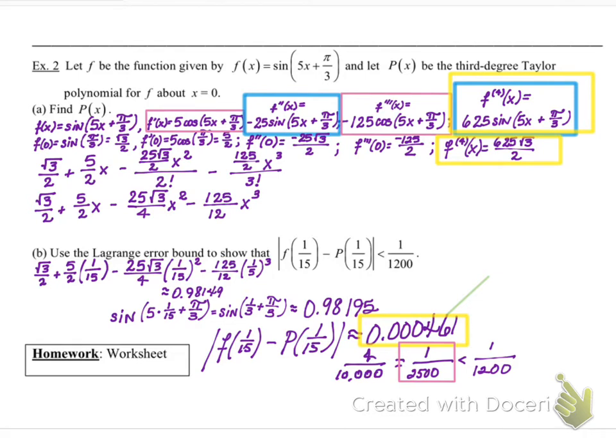This thought process allows us to say that the difference between the function value and the Taylor polynomial value is in fact less than 1/1200th, or less than or equal to, but all the same.